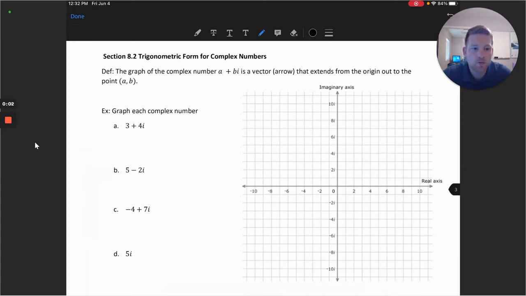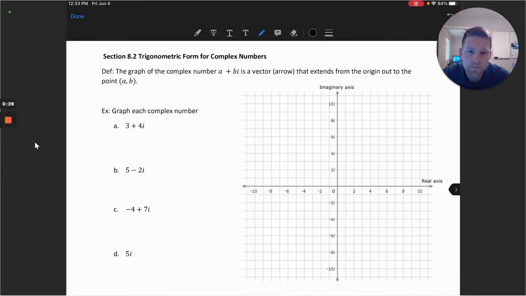Welcome. In this video, we will take a look at section 8.2, the trigonometric form for complex numbers. So let's start with the definition. We're going to do a little bit of graphing with these complex numbers. The graph of a complex number, a plus bi, is a vector that extends from the origin out to the point a comma b.